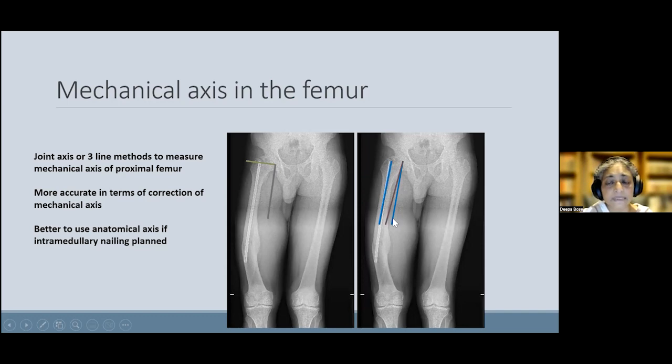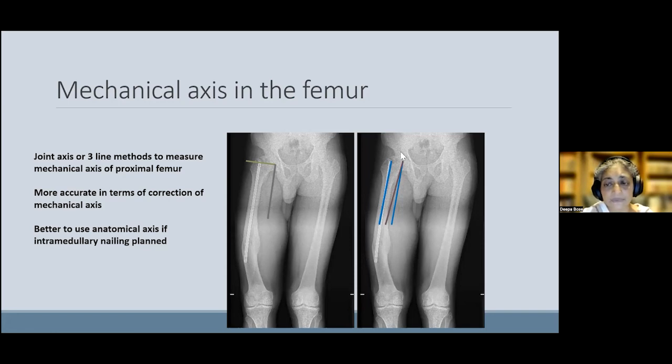You then draw a third line, and this line starts at the center of rotation of the hip, but it has an angle of approximately 7 degrees from your second line. And the reason that we choose 7 degrees is because that is the difference between the anatomical and the mechanical axis.